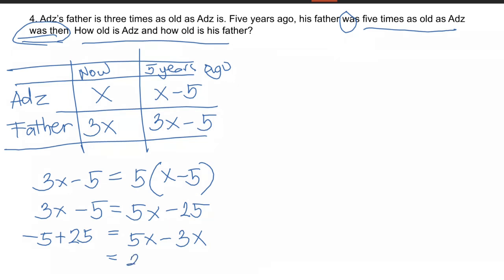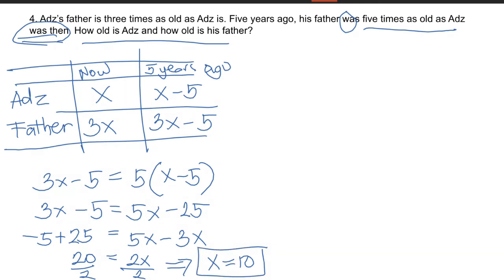Then we have 2x equals 20. Then divide both sides by 2. Therefore, x is equal to 10. And this is now the age of Ads. Ads' present age is 10 and his father is 30 years old.